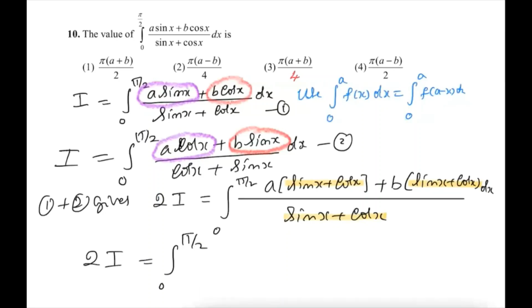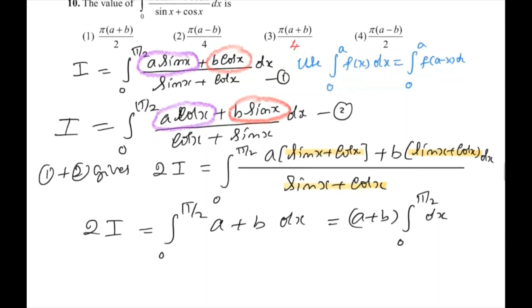That is b into 1, a plus b dx. Keep a plus b outside. Integral 0 to pi by 2 dx. That is 2I equals a plus b into integral of dx, which is x between 0 and pi by 2.